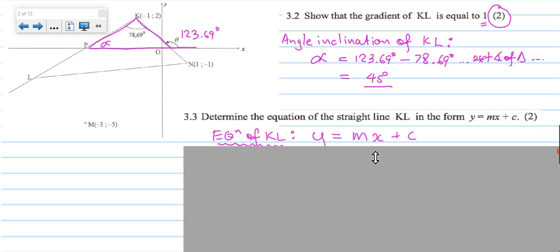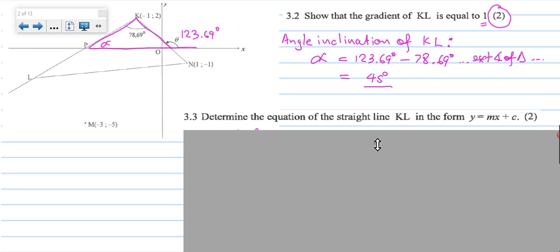So the next question is also a standard question. Determine the equation of the line KL in the form y equals mx plus c. Another 2 marks. Grade 11 work. Remember, for KL, we worked out that the angle is 45.